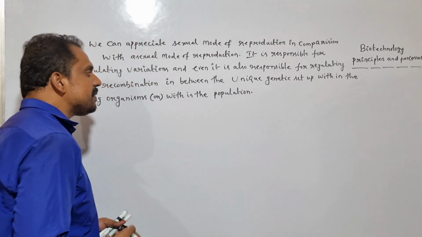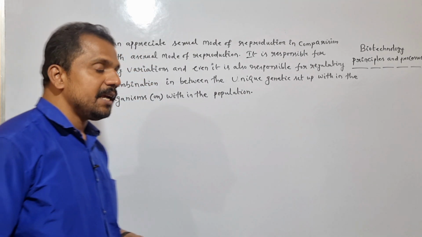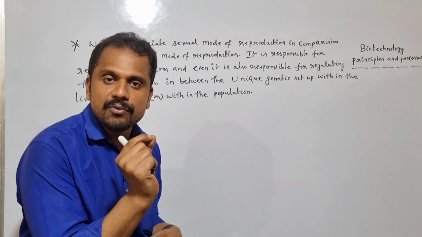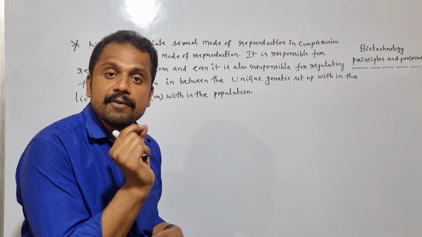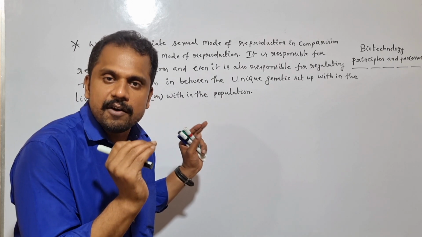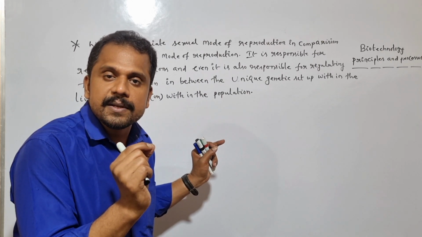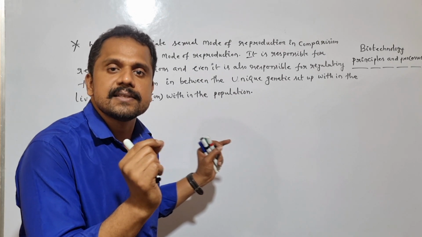So what is the meaning of this particular concept? If the sexual mode of reproduction takes place between two different partners who do not have any blood relation, and the offspring is obtained from these two partners, in that particular offspring there is a higher chance for the occurrence of variation.